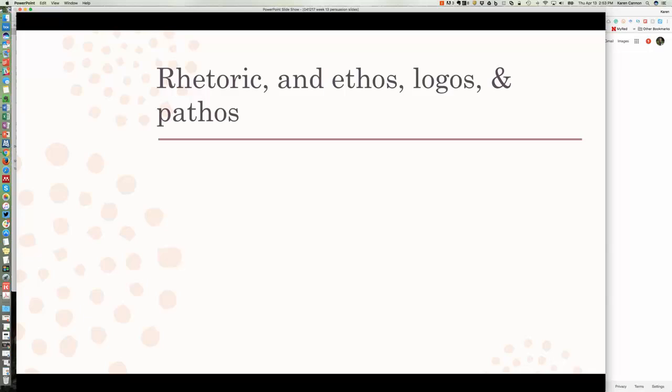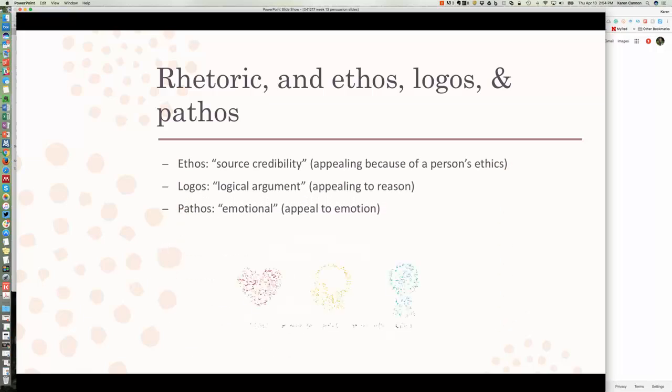So chapter 2 starts out talking about rhetoric and the importance of rhetoric in the beginning of public relations, and then talks about ethos, logos, and pathos. I thought it would be important to call those to the front of mind when combining information from these two chapters to prepare you for your assignment.